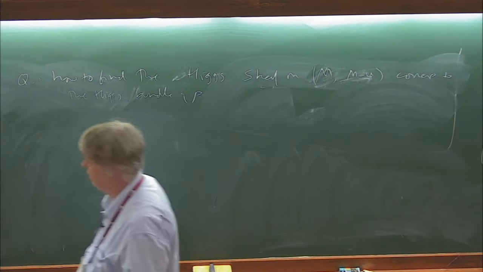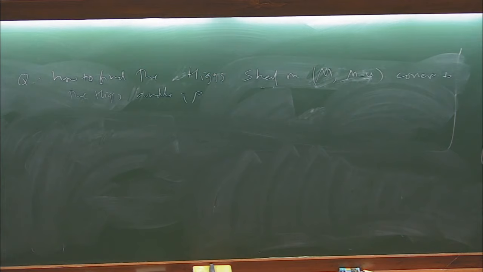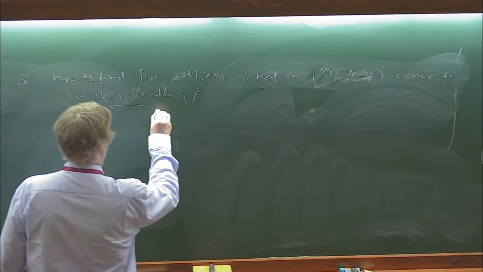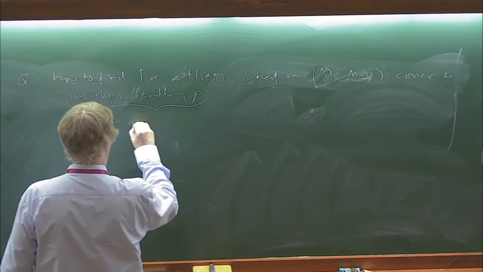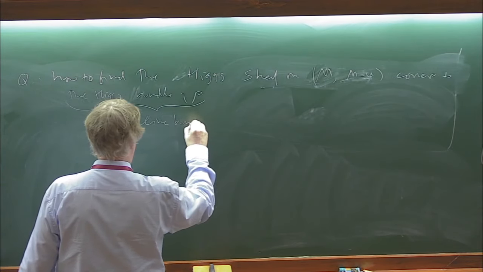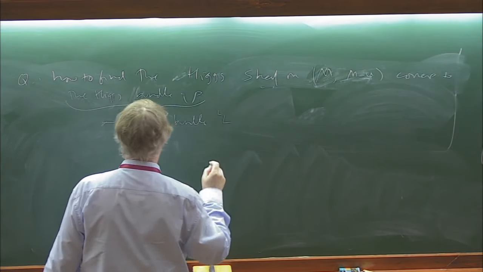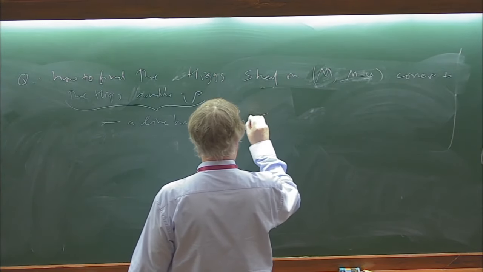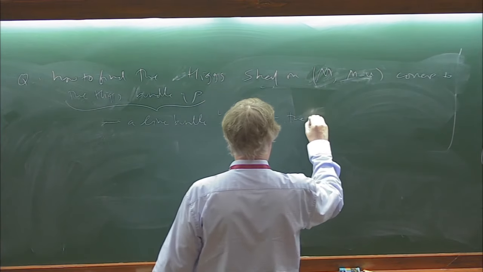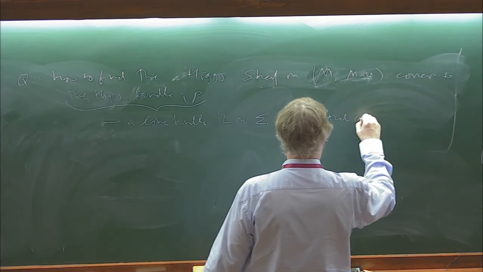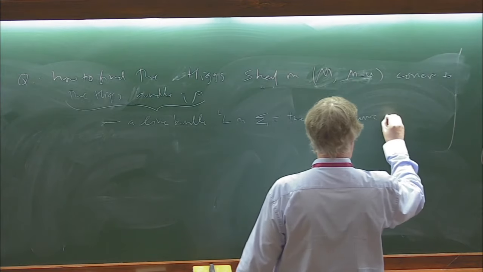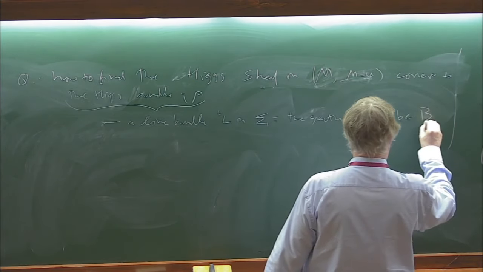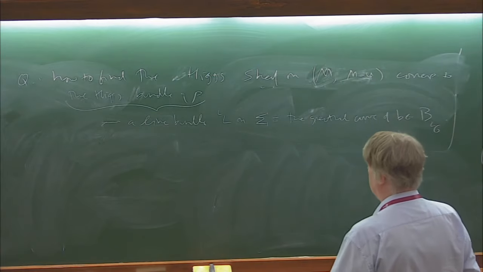So let's just analyze a little bit what the Higgs bundle corresponding to rho is going to look like. This is going to correspond to a line bundle. Let's call it L, that's maybe not great notation, but a line bundle on the spectral curve. Call it sigma, which is the spectral curve.